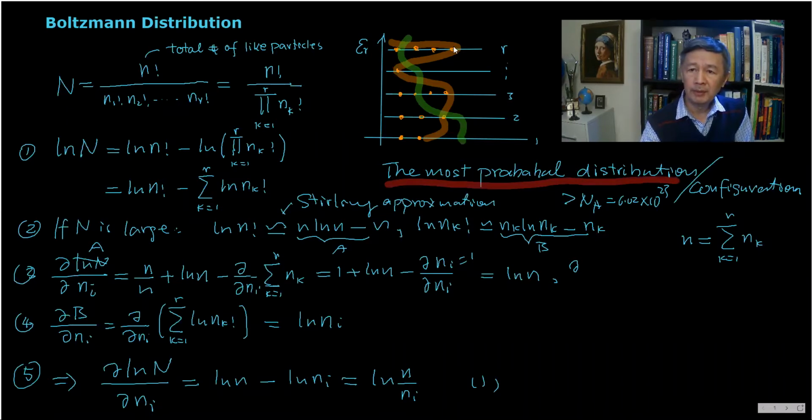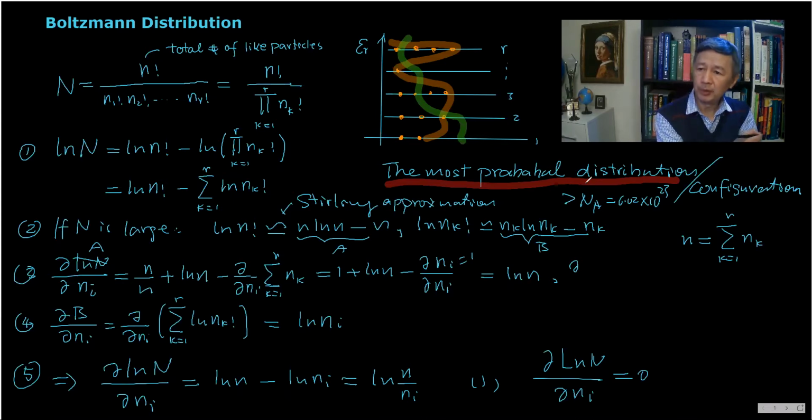Many people might think that we can just set this equal to 0, in order to find the most probable distribution. But I have to put the question mark here. Can we do that?